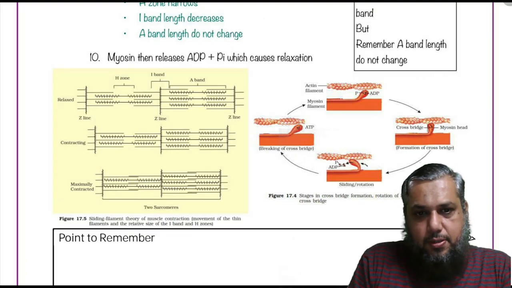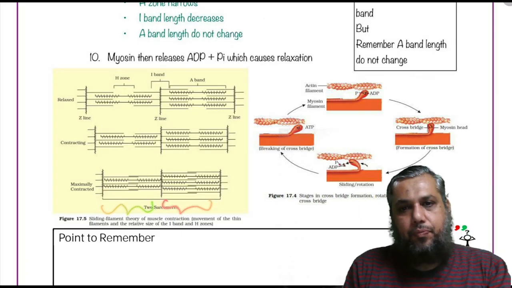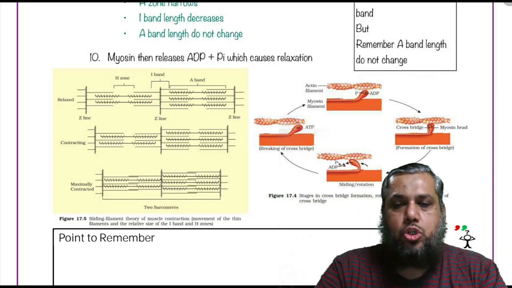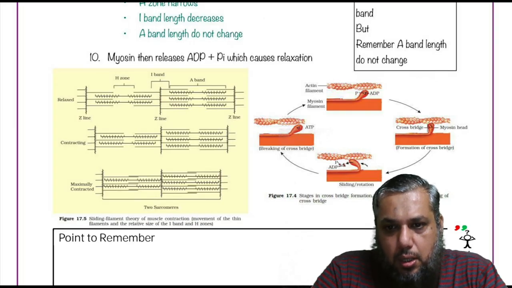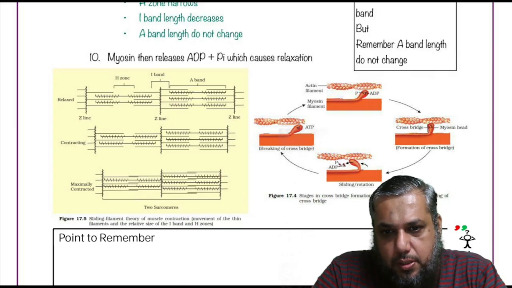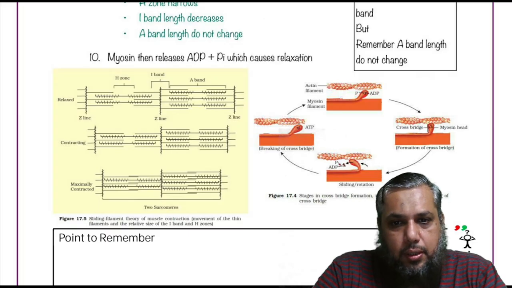Even the H zone has disappeared. But we can still see the A band. That is why during power stroke, as the actin slides over myosin, the Z lines are pulled inwards, the I band and H zone disappear, and the sarcomere undergoes contraction and the muscle will undergo contraction.